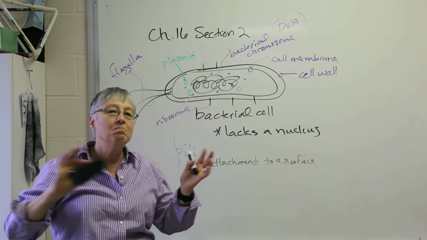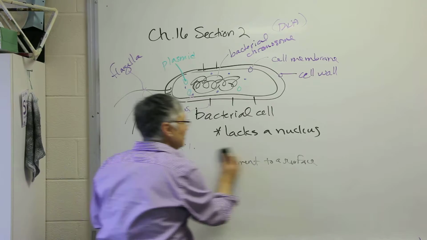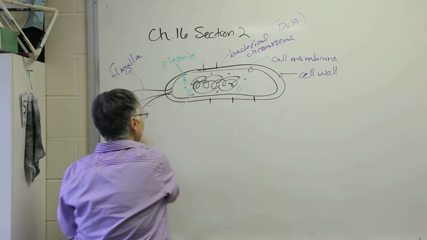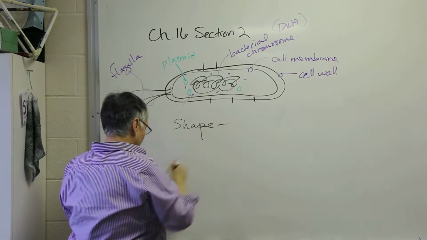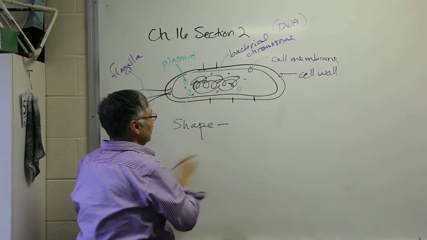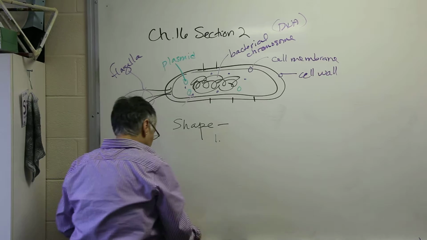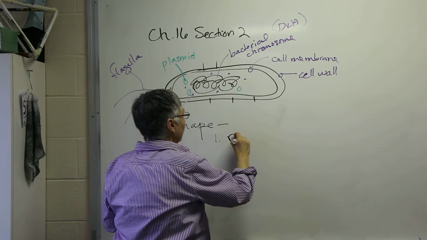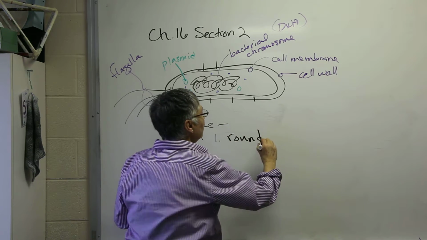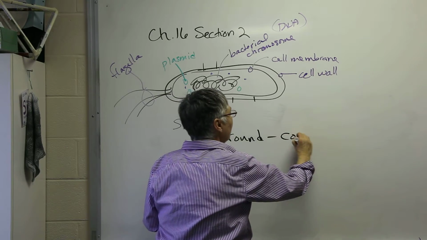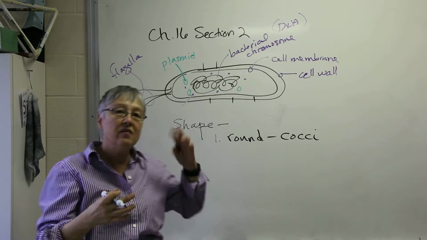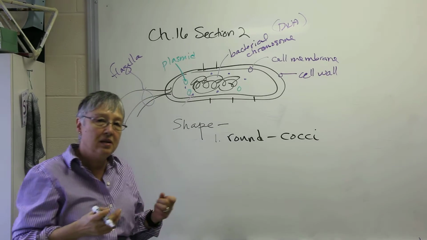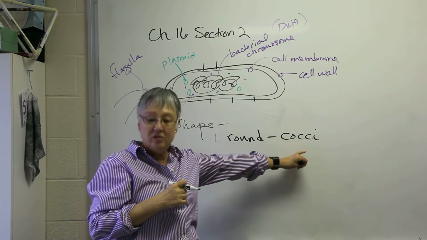There are more, but the main categories as far as shape include round-shaped bacteria, and these are called cocci, and sometimes the Latin or scientific name for the bacteria includes this term.